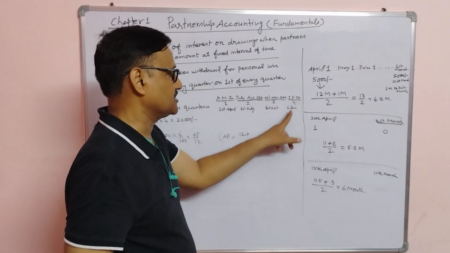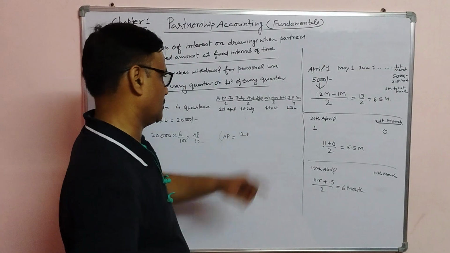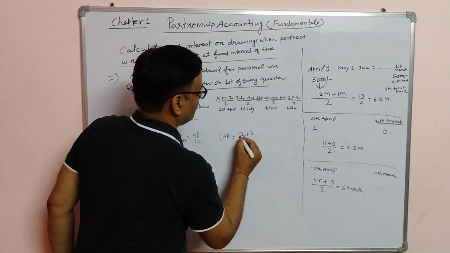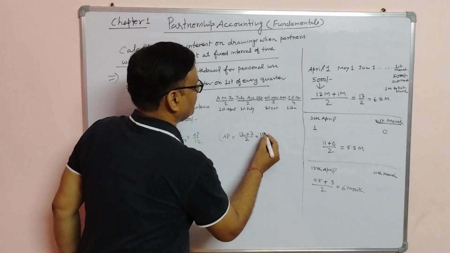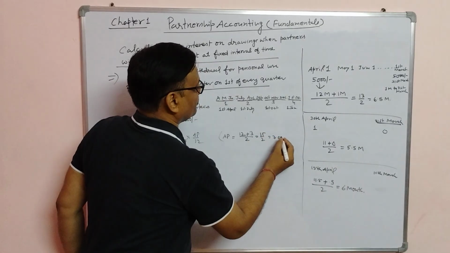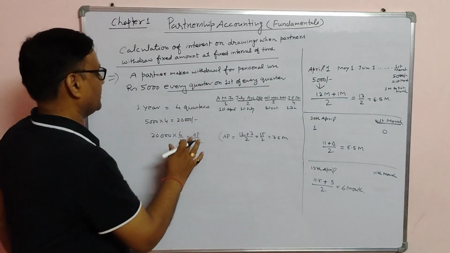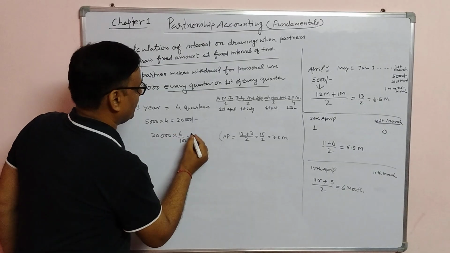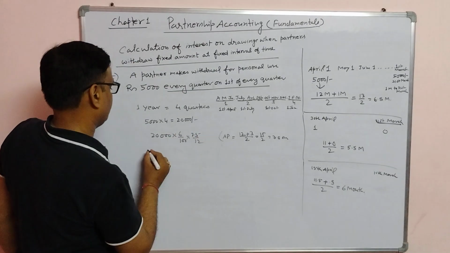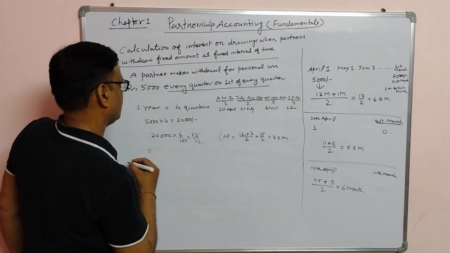All these 3 months he will use this amount. Therefore 12 plus 3 divided by 2 means 15 by 2 is equal to 7.5 months. So average period here will come 7.5.